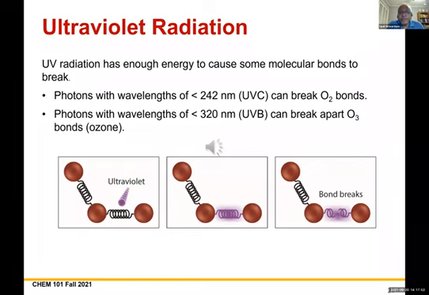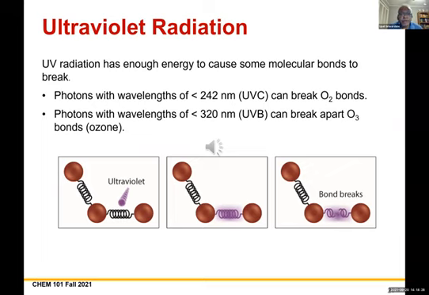Photons with wavelength less than 242 nanometers, UVC, break the oxygen bonds. Wavelength greater than 320 can break only ozone. So these are eliminated. These two, UVB and UVC, are eliminated from the atmosphere by the ozone layer and oxygen.